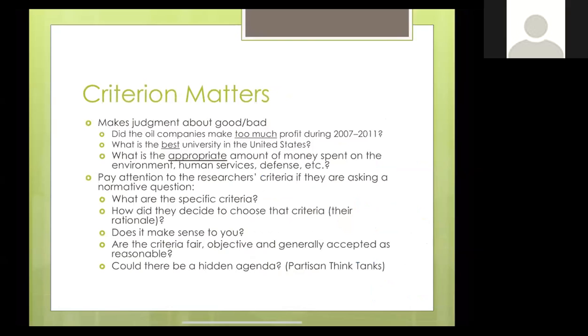You can read all of what's here, but the idea is that the criterion is important. If you're going to assess good or bad, you need to be able to back up why you're saying good versus bad and what criteria you're comparing against. So if I'm talking about obesity in San Bernardino from last year to this year, no one's going to say that's a bad criterion to assess.